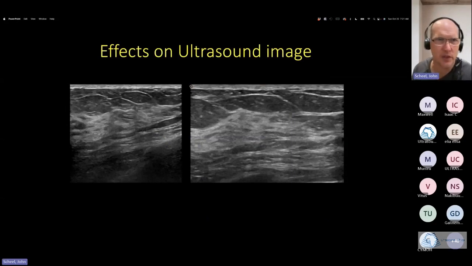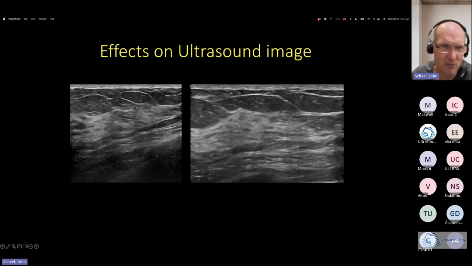So how does this affect ultrasound pictures? So we saw how it affects the outside of the patient. Now how does it affect the inside of the patient? So on the picture to the left, the patient was not on a wedge, and you can see that the chest wall is not uniform, so it's coming at an angle.